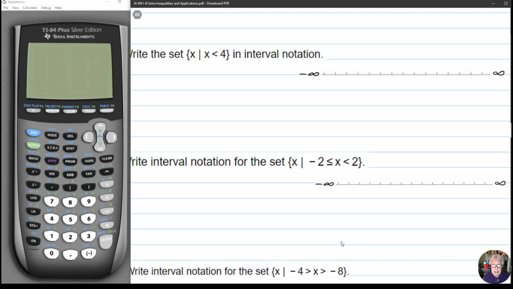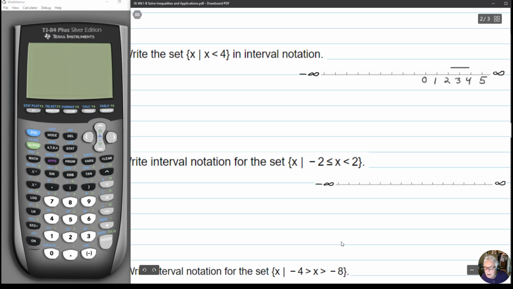such that those numbers on the x-axis are to the left of 4, or less than 4. Well, let's let this be 0, 1, 2, 3, 4, 5. We need numbers that are strictly to the left of 4.